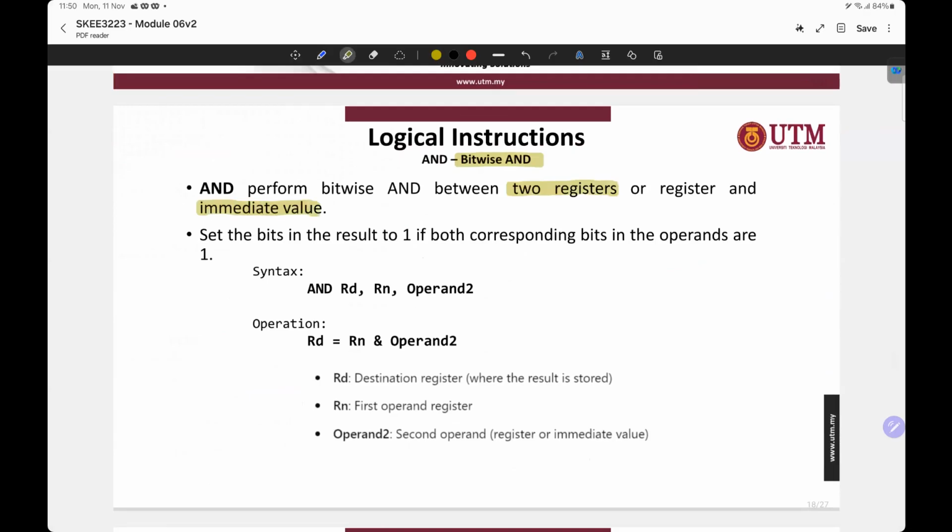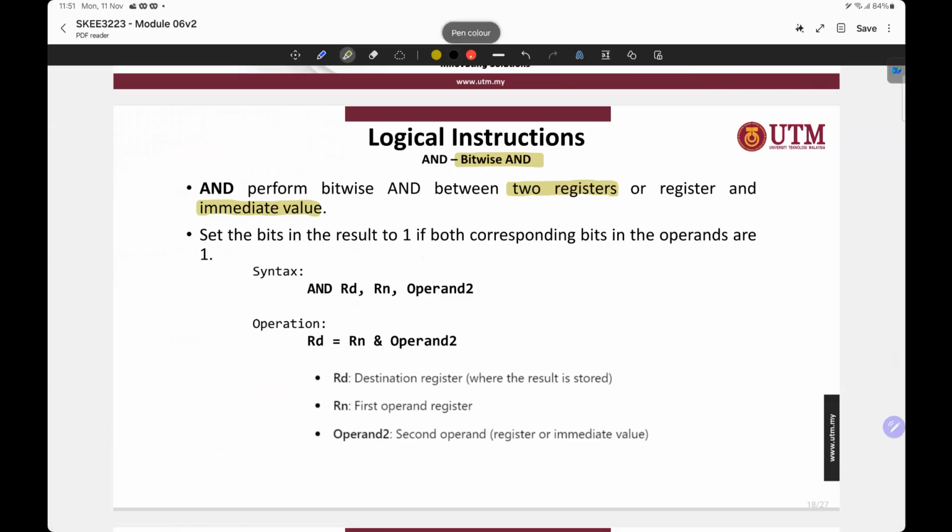You can do a logical AND between a register and a register, or a register with an immediate number, a constant number. During the bitwise AND, it will set the bit in the result to 1 if both corresponding bits in the operands are 1.